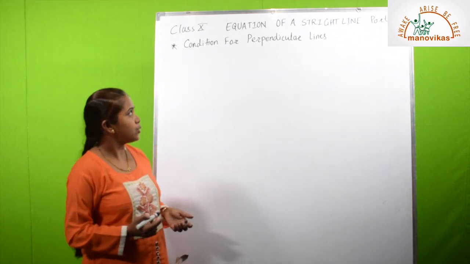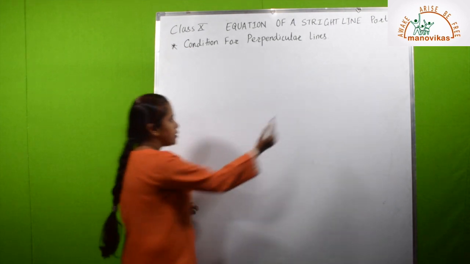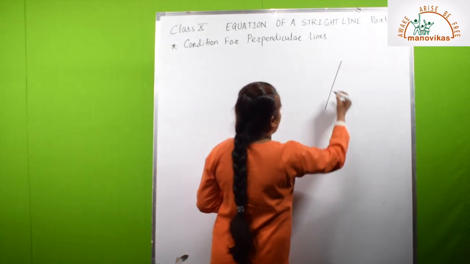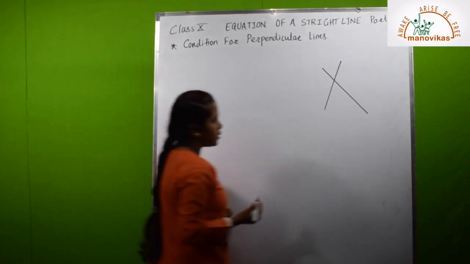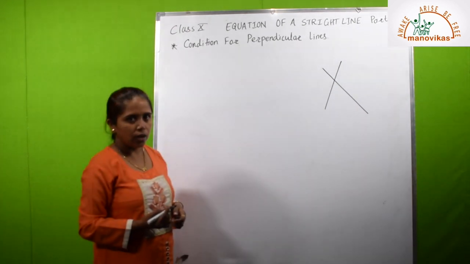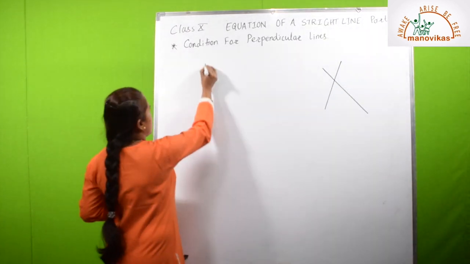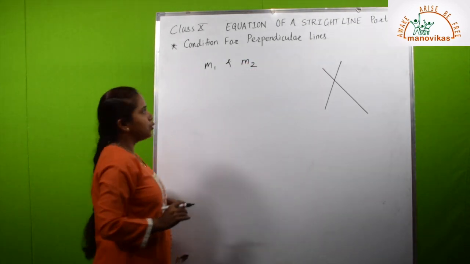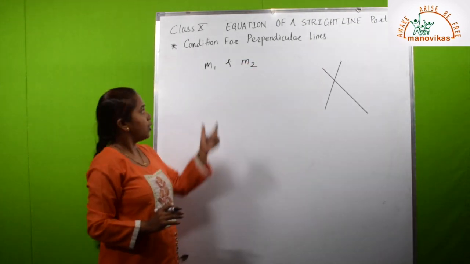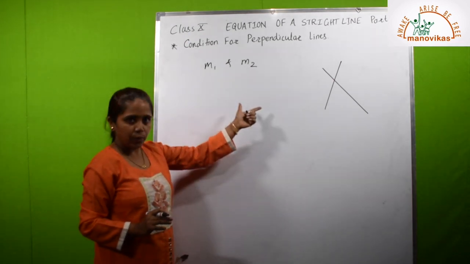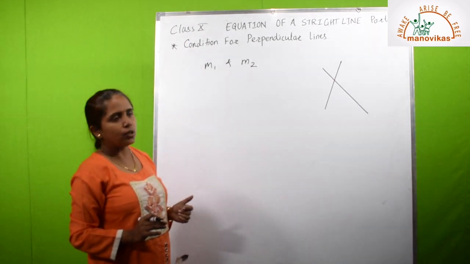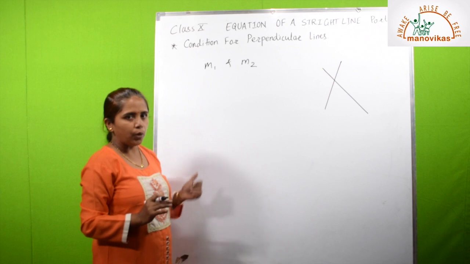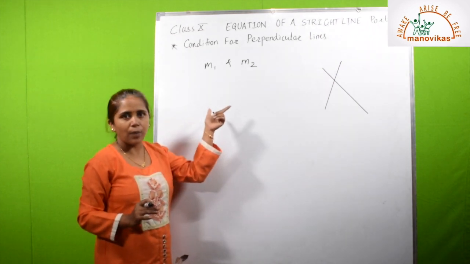Suppose two non-vertical lines intersect each other, and their slopes are m1 and m2. Two non-vertical lines with slopes m1 and m2 are perpendicular to each other if the product of the slopes is -1.